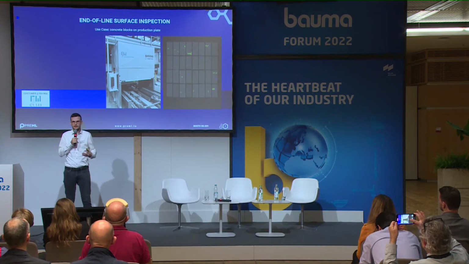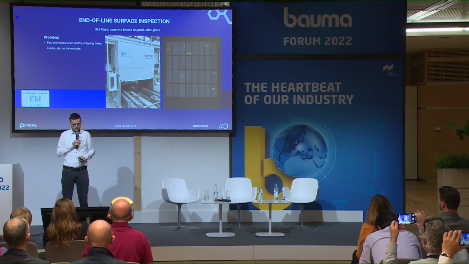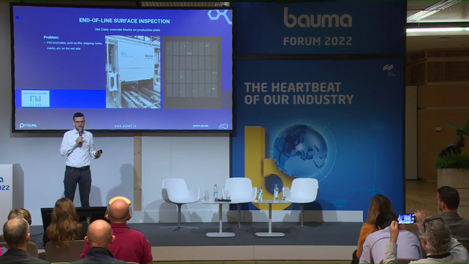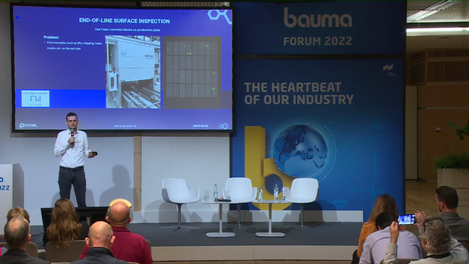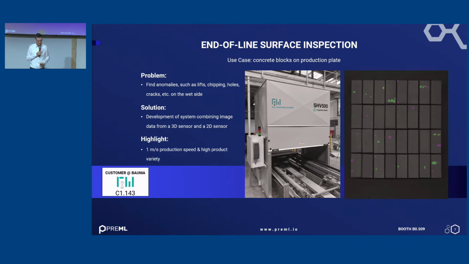They have a quality inspection system for concrete stones, and together we developed that because he was really good at the height control of concrete stones, but now he also wanted to find anomalies in it, like lifts or chippings, holes, cracks, stuff like that, and it's all done on the wet side, without touching the actual wet concrete. The solution was the development of a system which combines a 3D and a 2D sensor, and at the end it works with 1 meter per second production, so it's quite quick in response.